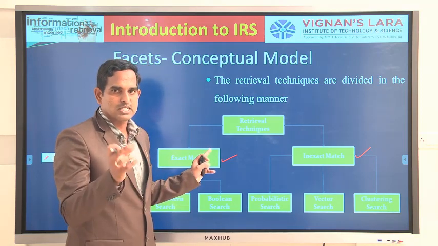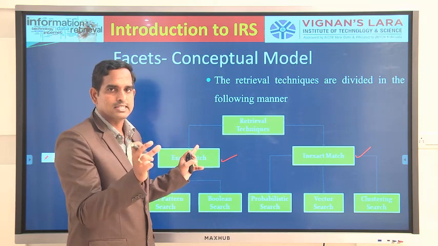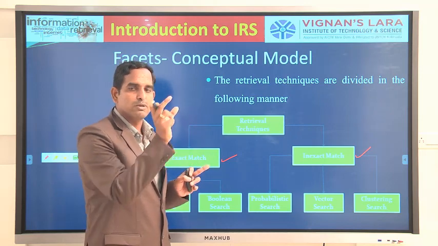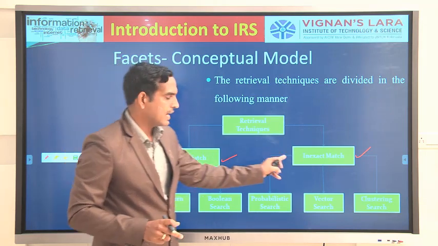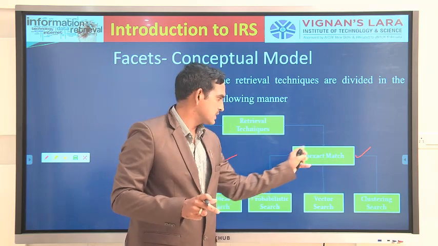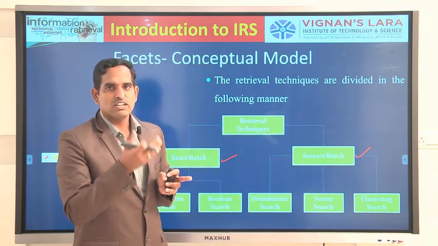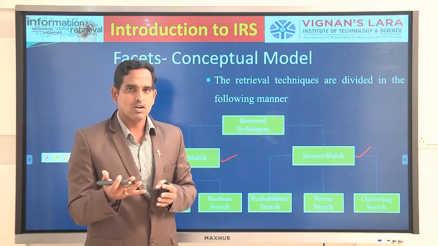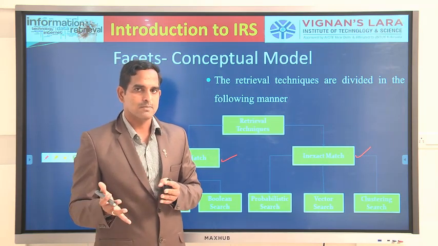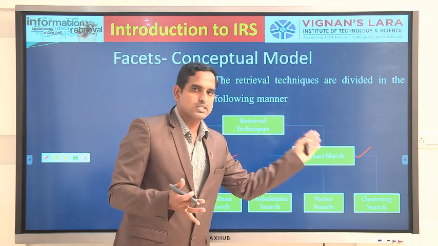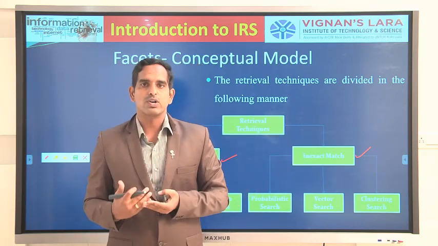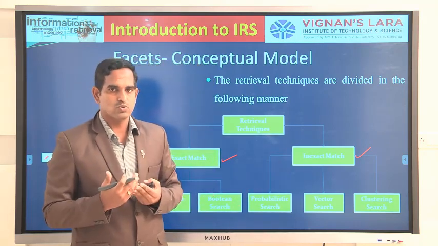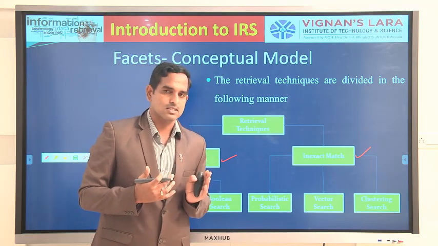That is, you are searching for a particular word in exact terms, that particular word should be present completely. And an inexact match search would be, that word might not be present but related words could be present. So if any related words are present, it could retrieve those documents also. Such a search we will call an inexact search.